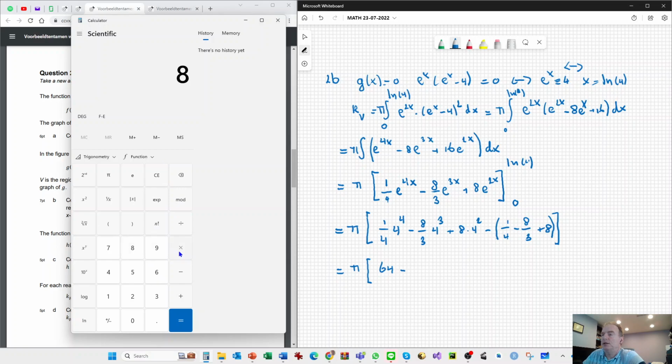So I've got 8 times 64 divided by 3. That's not a whole number. Well, 8 times 64. Yeah, basically, this is 2 to the power 6 times 2 to the power 3, so 2 to the power 9, which is 512. Okay.